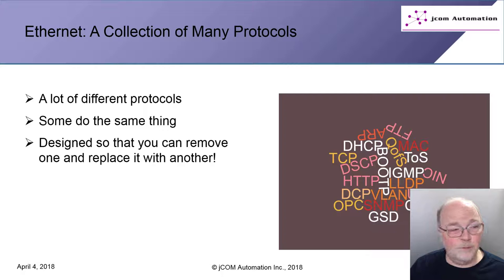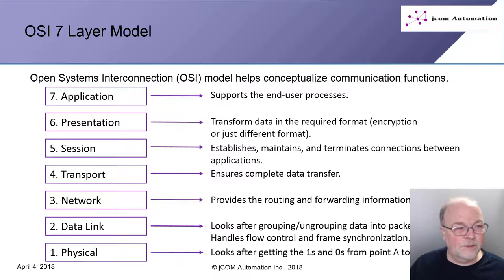So there's a lot of different protocols. Some do the same thing. And they're actually designed so that you can remove one, plop in another. And how it does this is by following another convention called the OSI 7-layer model.